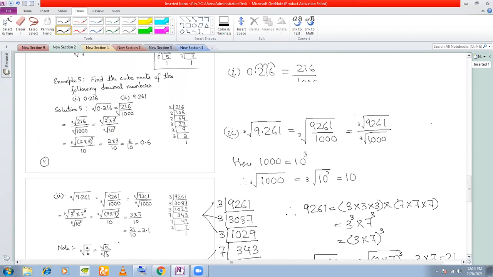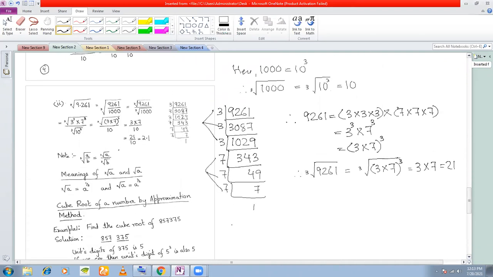So therefore now coming back here, cube root of 9.261 is cube root of 9261 divided by 1000, which is equal to cube root of 9261 divided by cube root of 1000.